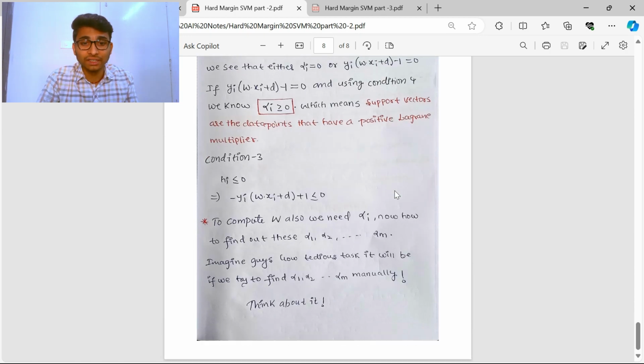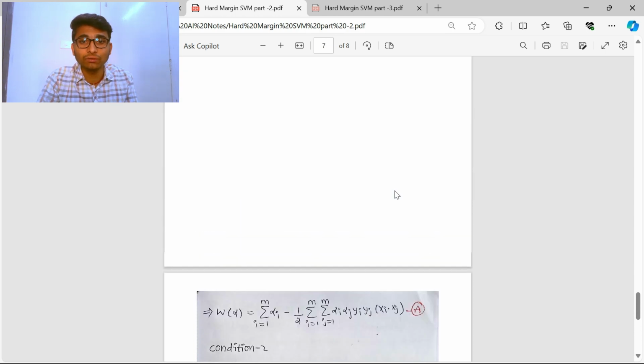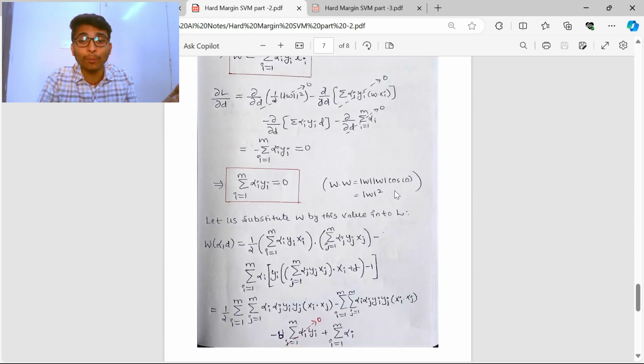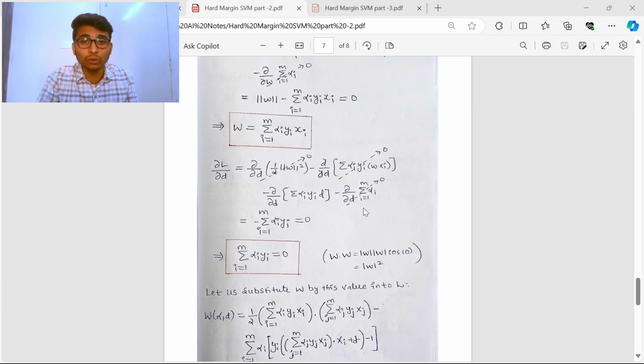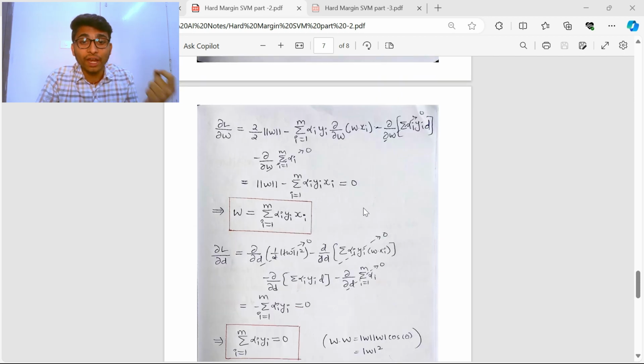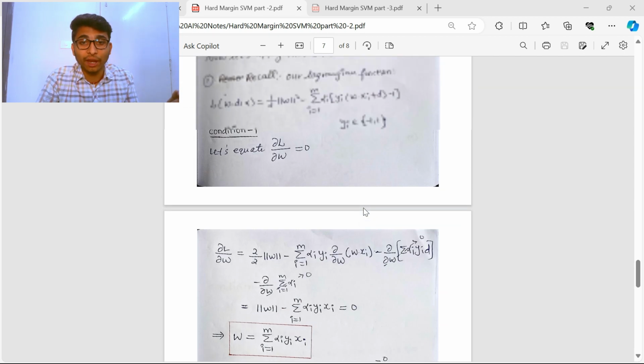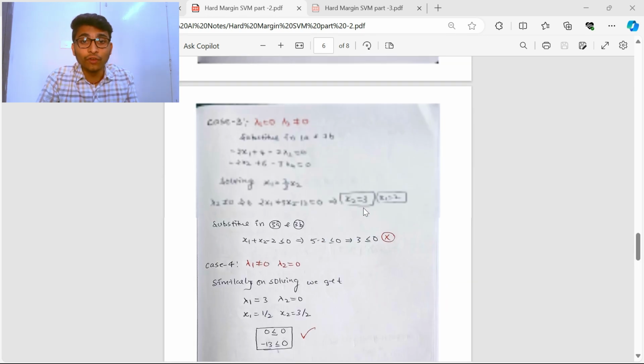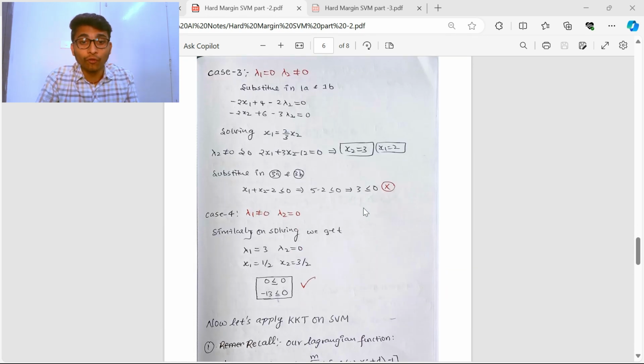Then to compute W, we need m alphas, right? Alpha 1 to alpha m, because for every data point a Lagrange multiplier is associated with it. But we took one example where we wanted to find two alphas.